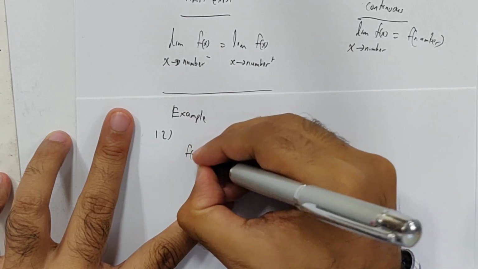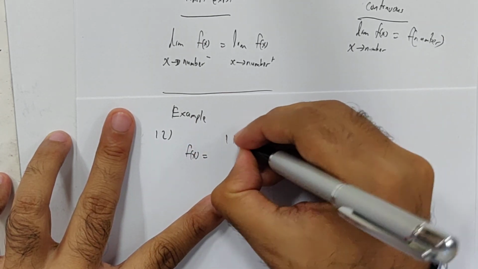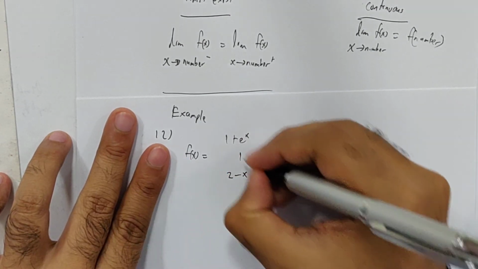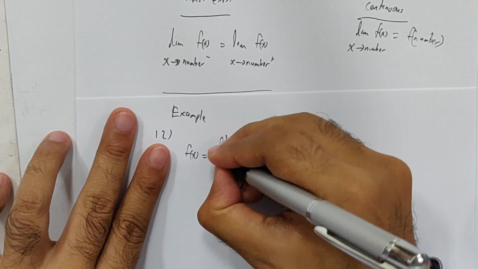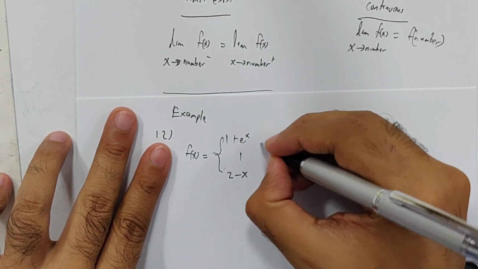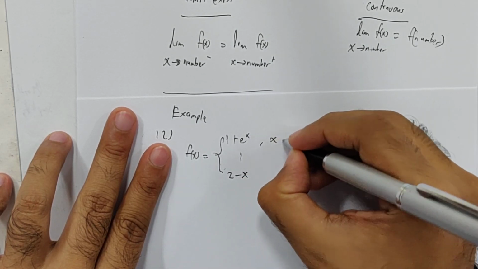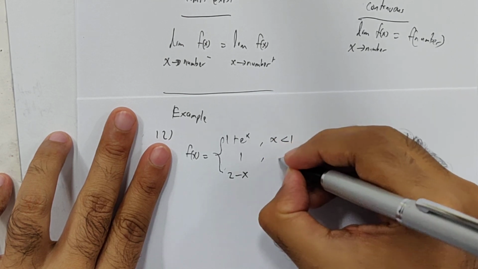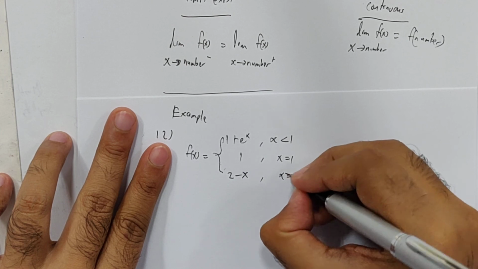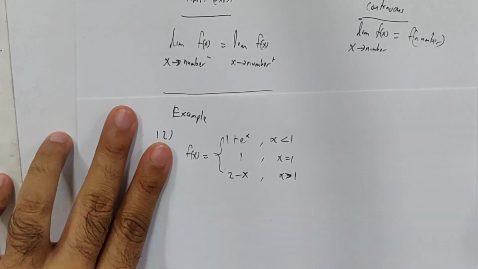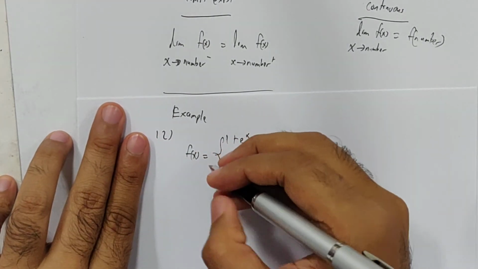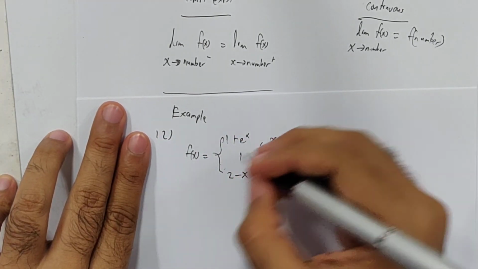Where f(x) equals 1 plus e^x, 1, 2 minus x, where x less than 1, x equals 1, x more than 1. Okay, the question said, does limit exist?